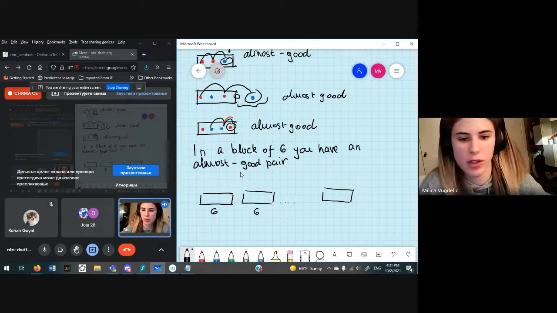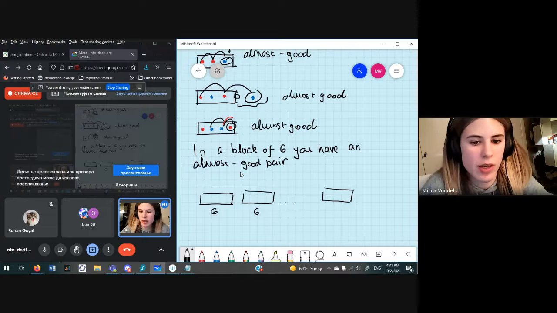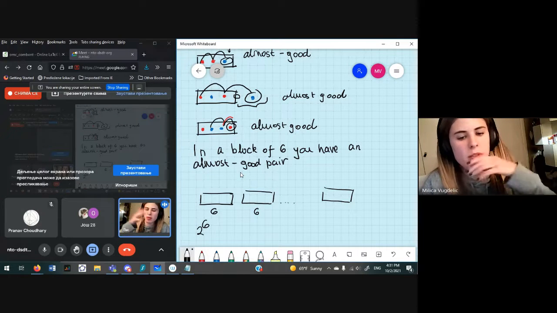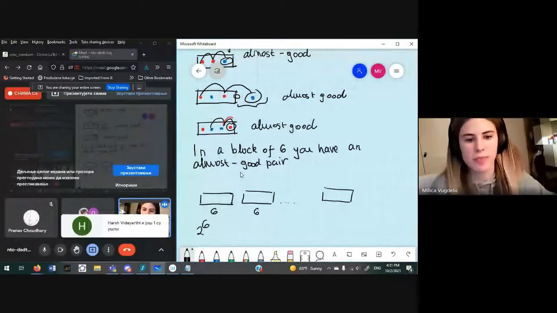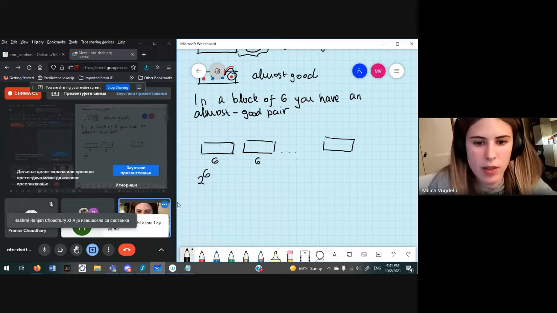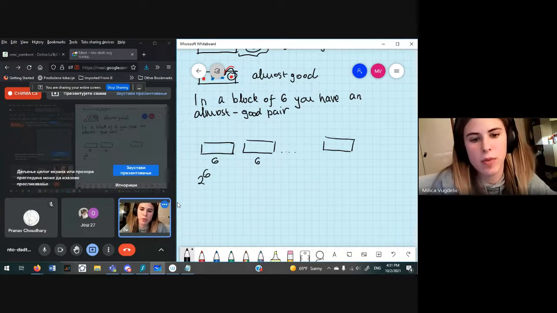We're just two-coloring it. There are theoretically 2 to the 6 of them. We're not thinking about whether there's an arithmetic progression. So we know that the block of 6 must contain an almost good pair.